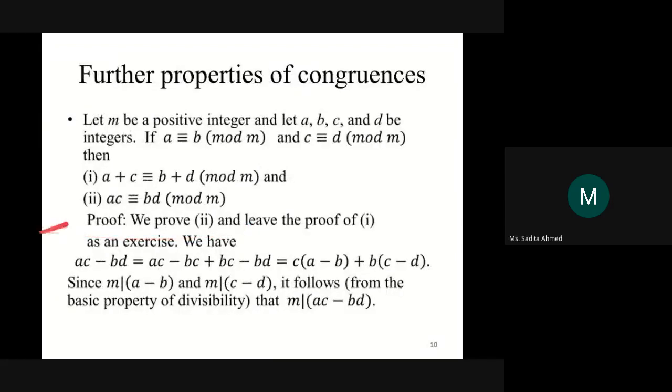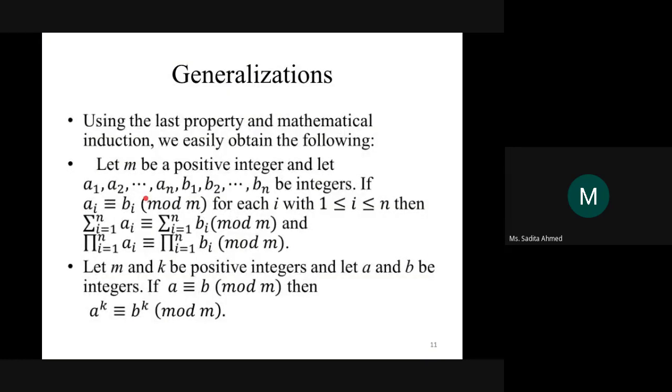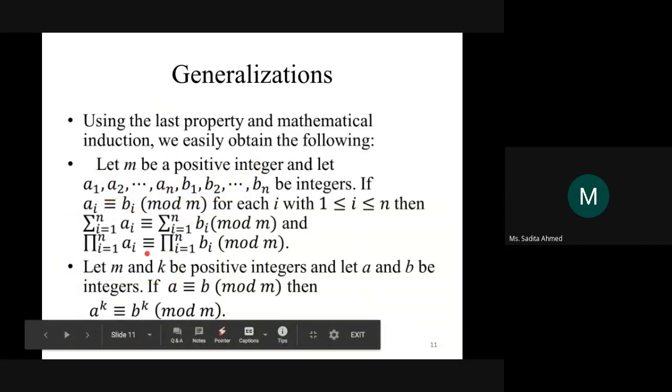Also, based on the second property, which is the property of product of congruence, we can say the same thing. If all these A's are pairwise congruent to all the B's, in that case, the product of all the A terms is congruent to the product of all the B terms, mod m. If they are individually congruent to each other with the same mod, we can say that, all right?